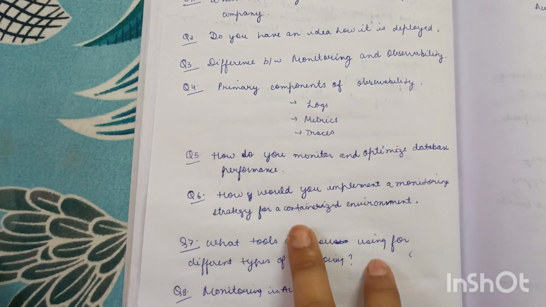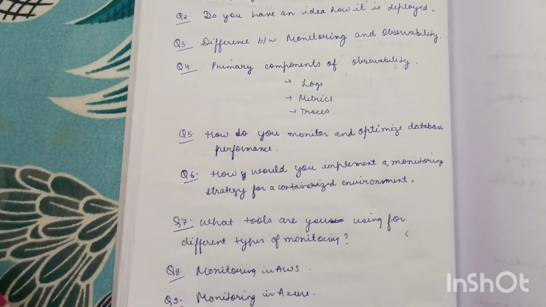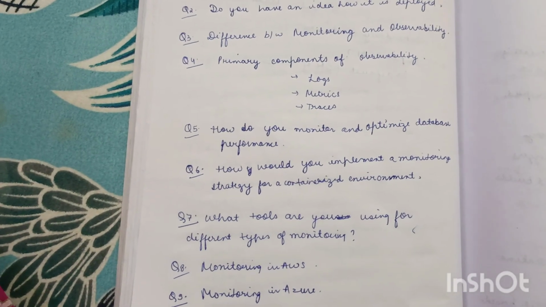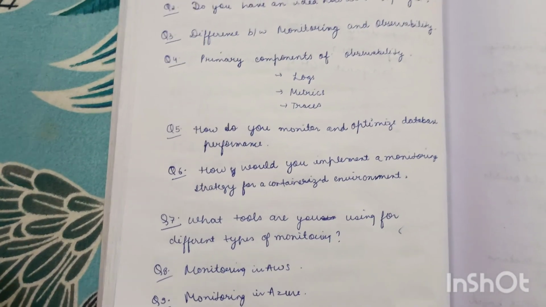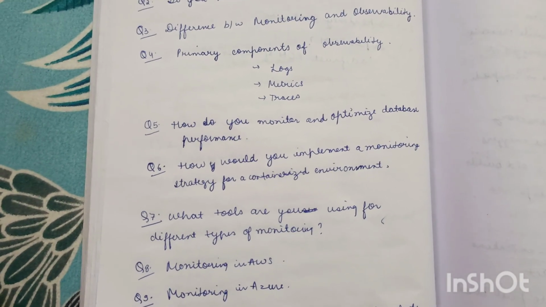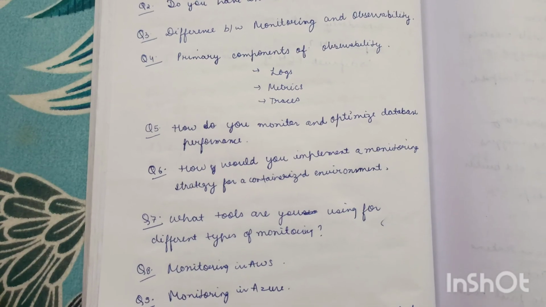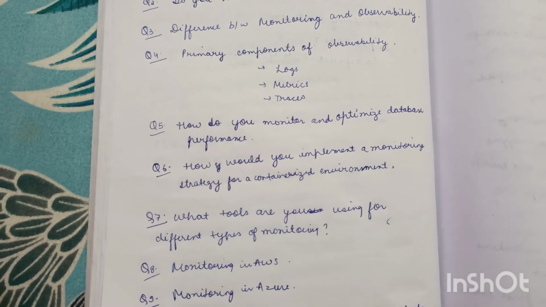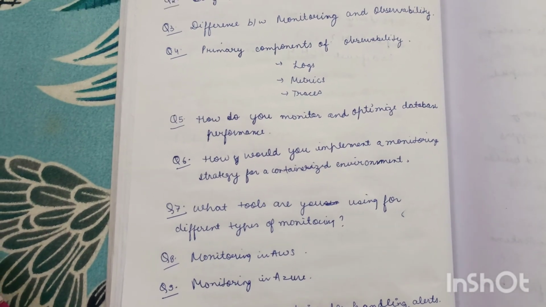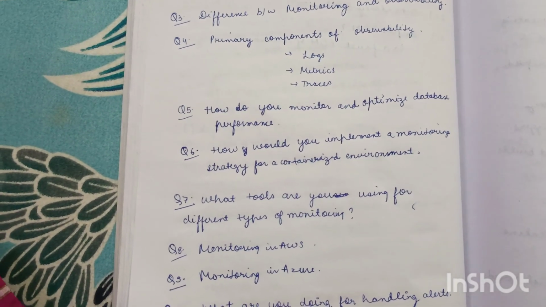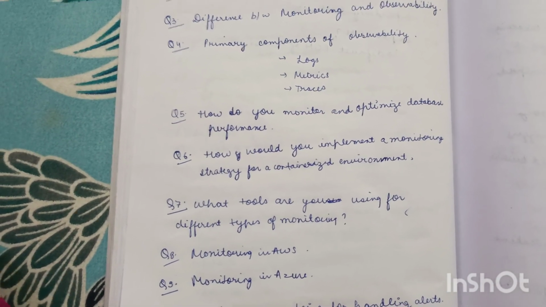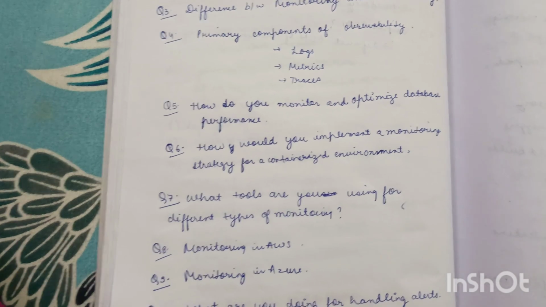Then, how would you implement a monitoring strategy for a containerized environment? Guys, there are different types of monitoring: infrastructure monitoring, application monitoring, and network monitoring. What tools are you using for each? Explain it crisply: for network monitoring we are using Grafana, and for application monitoring we are using CloudWatch or Prometheus.